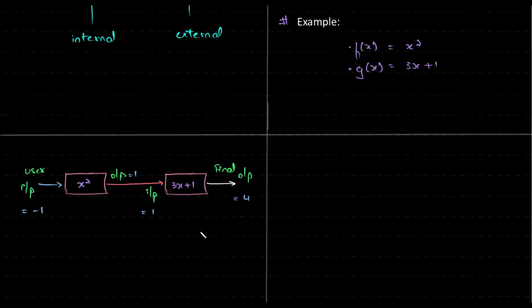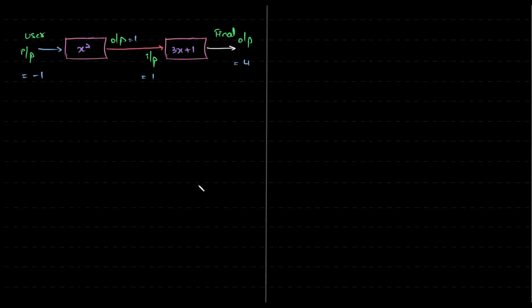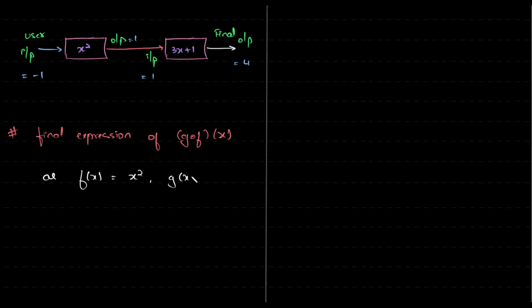Okay, so let me give a final example. The final expression of composition of functions. See, we just saw that yes, we have the idea of composition of function, but we need to put it in a mathematical form. See, we already have f of x as x square and g of x as 3x plus 1.